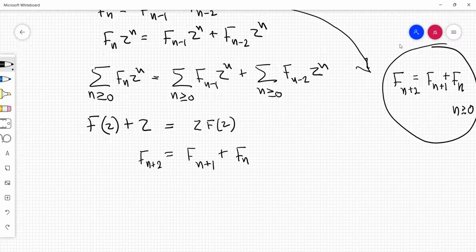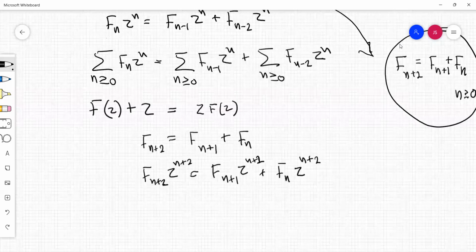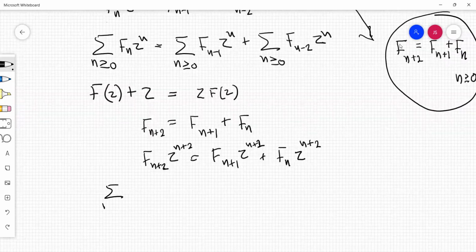Now you can multiply this by what? Z to the power n plus 2. Now you can take the summation. Now this is Fn plus 2 times Z to the n plus 2.